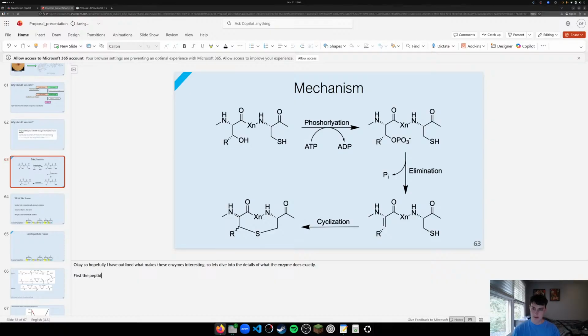First, the peptide will bind its leader portion, and the core will migrate to the dehydration sites.